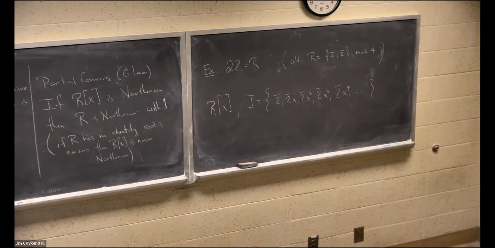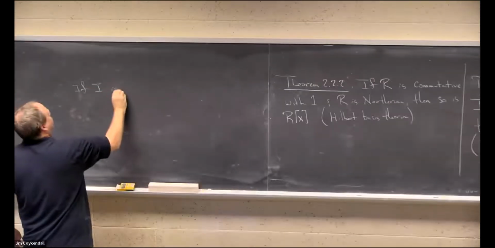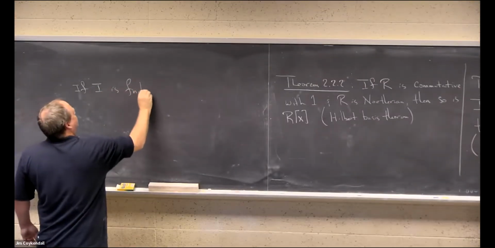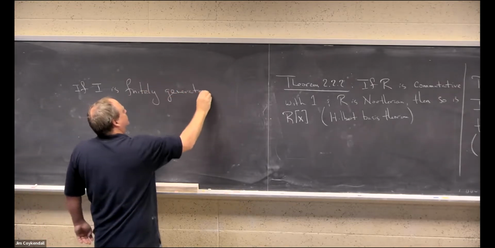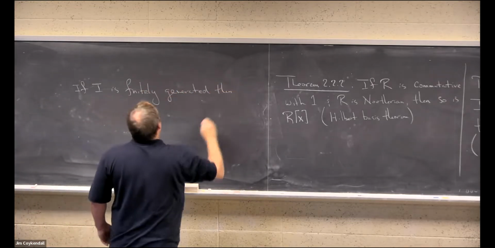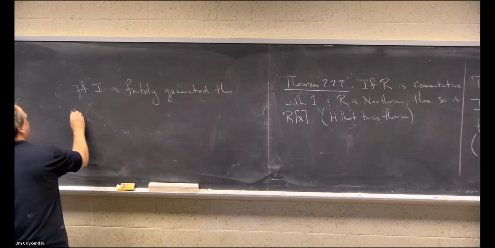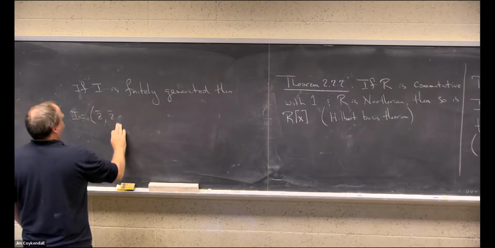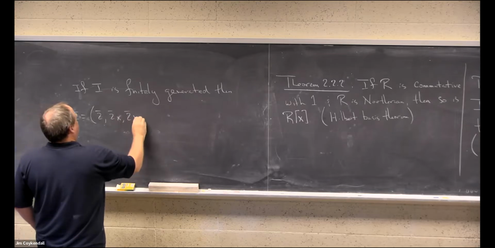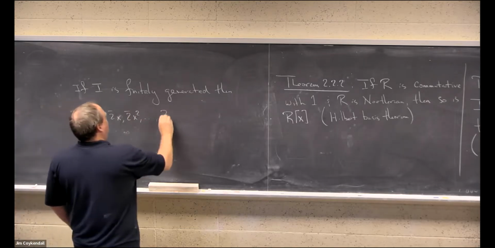If it's finitely generated, then I is generated by 2 bar x, 2 bar x squared, and so on up to some finite stage.